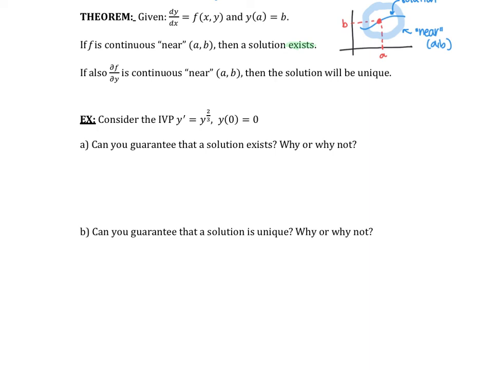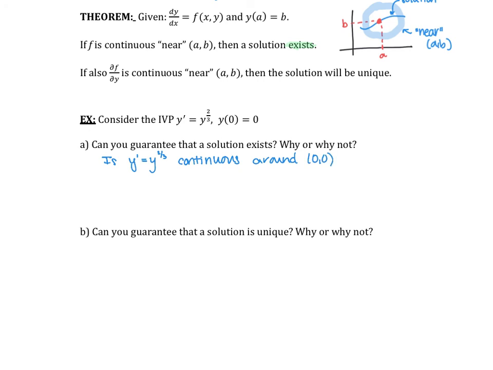Well, the first thing we would need to determine is whether y prime, which equals y to the 2/3, is continuous over a region around that initial value, near (0, 0).